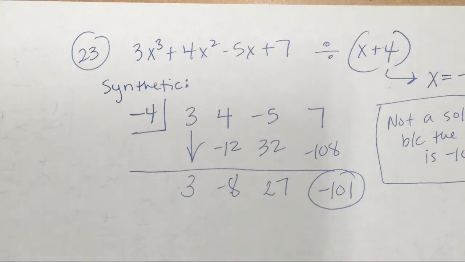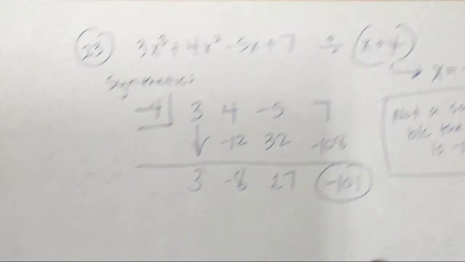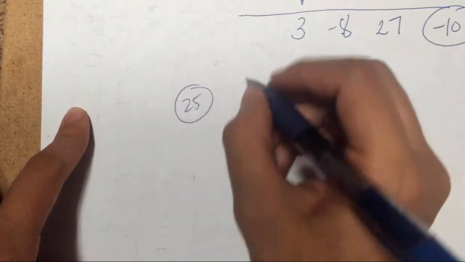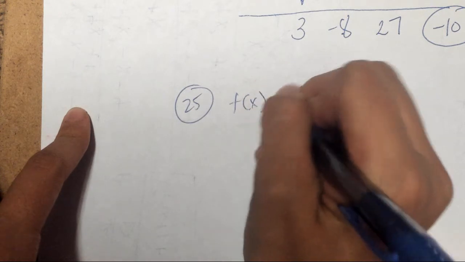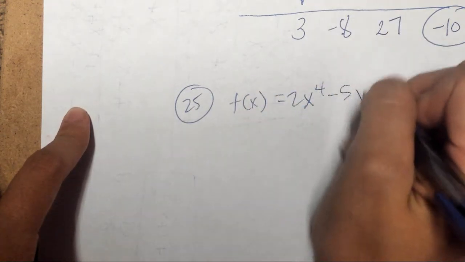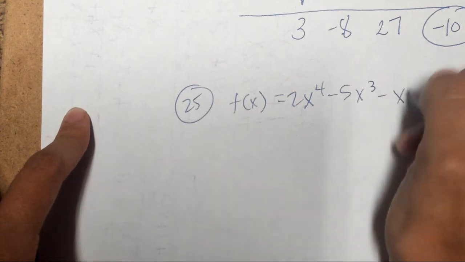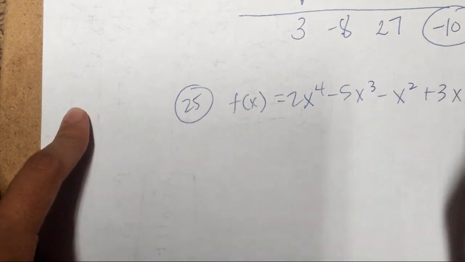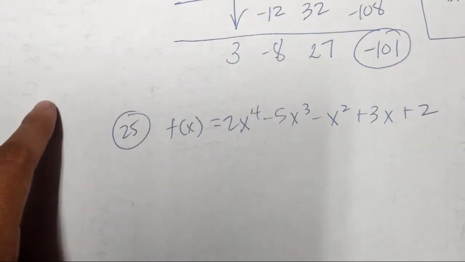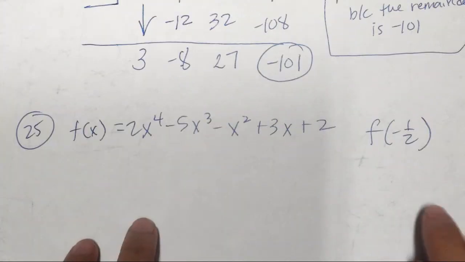Alright, so let's check on number 25. This one is a little bit different. Why? Because they give you the formula, right? It's a long one. And they tell you what the solution is they want you to check. They want you to check negative 1/2.